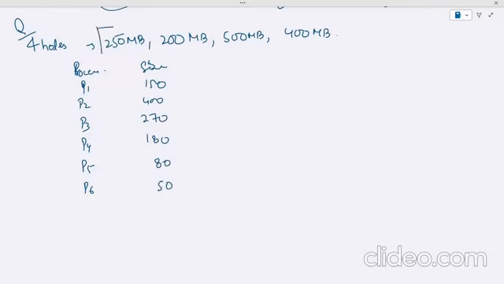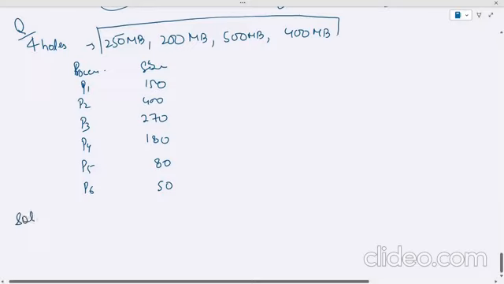We have the empty space and the processes. Now you have to show where the processes are stored using the first fit, best fit, and worst fit allocation policies. It's an easy thing, you can do that. Pause the video and try it by yourself. Now let's solve the question.